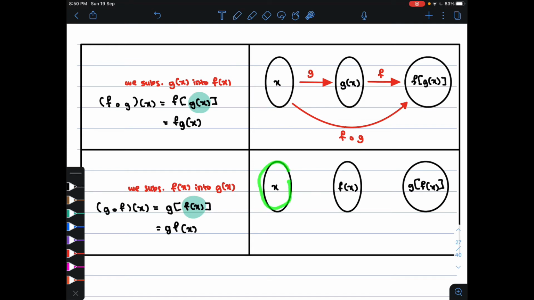So, say that you have these values of x. So, when you substitute the values of x into function f, that will give you f(x). And if you substitute f(x) into function g, that will give you gf(x). So, ini maksudnya kamu substitute f(x) ke dalam g(x).